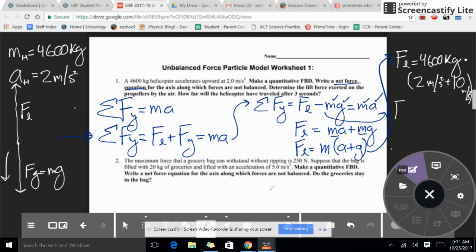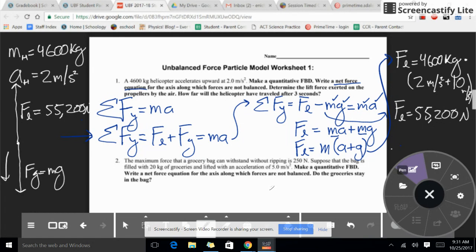I've already done this math, so I can already tell you force of lift is 55,200 newtons. Cool. Let's go back and add that to our FBD so it can be truly quantitative. 55,200 newtons.